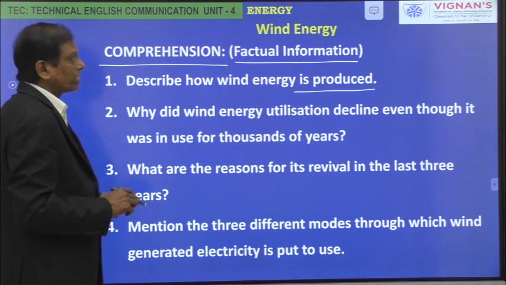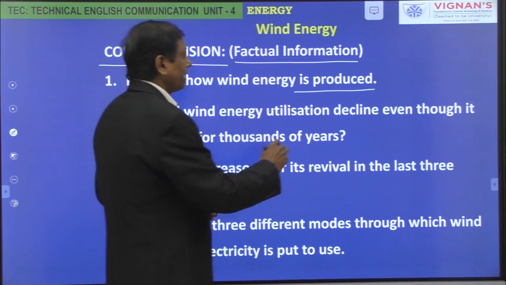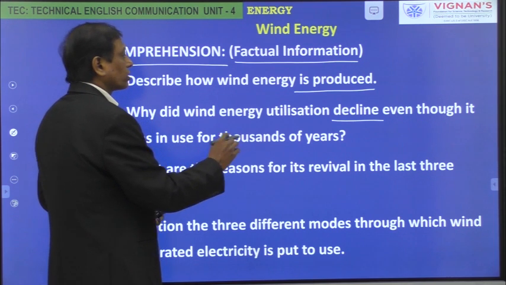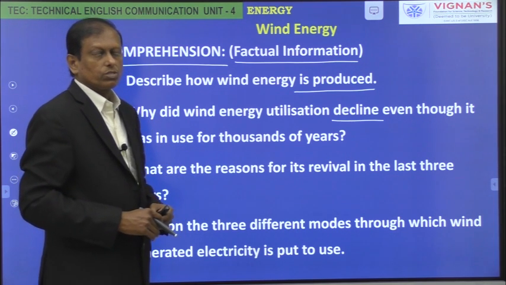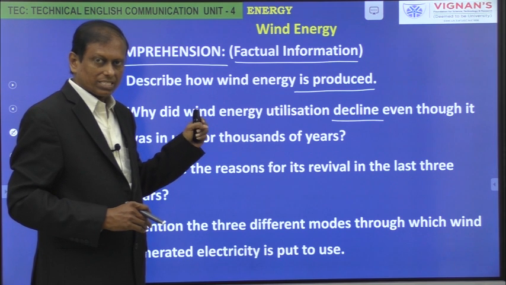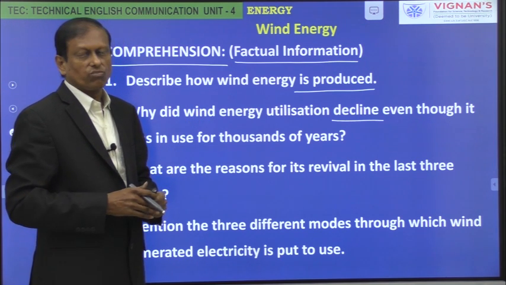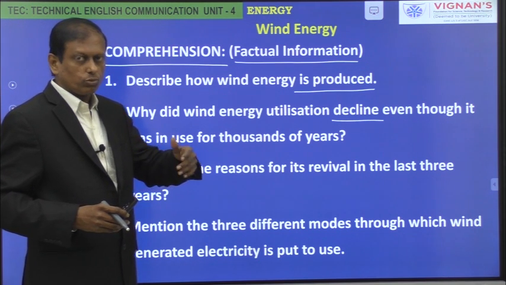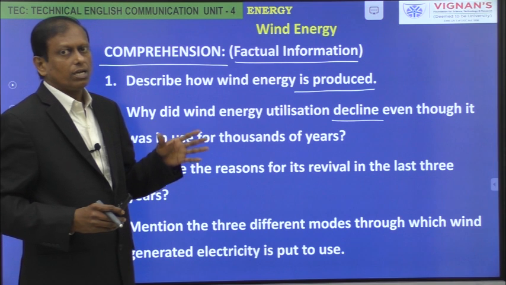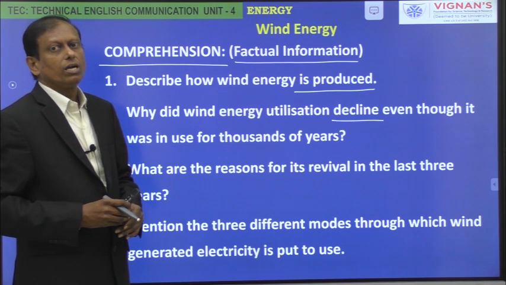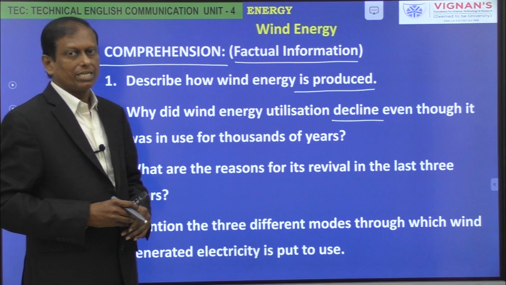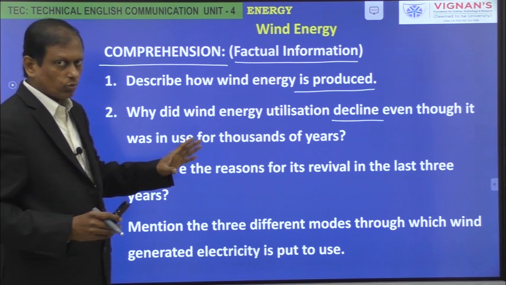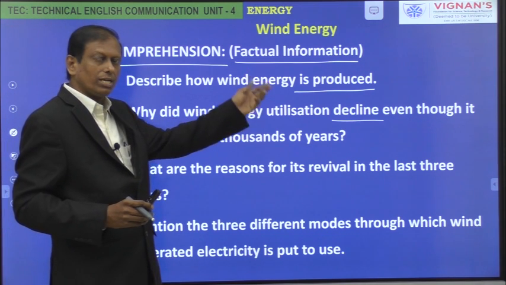Next, why did wind energy utilization decline even though it was in use for thousands of years? It was mentioned in the passage. The reason is that fossil fuels have been found and they have started using them for all types of requirements. That's why wind energy is ignored. You explain this in your own words, but this answer is available in the text.